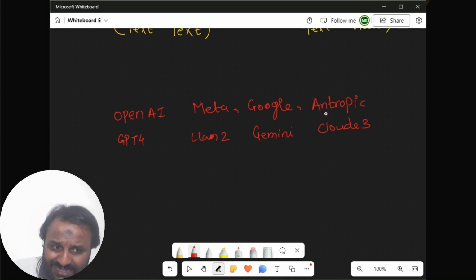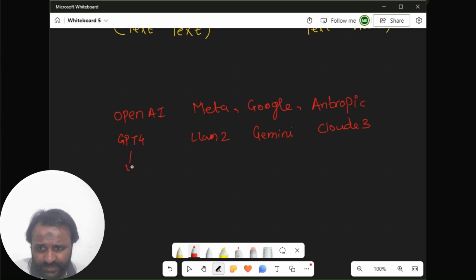So all these are available. Among the open source models, GPT 3.5 is open source, Llama 2 is open source and available, and Llama 3 is also there.